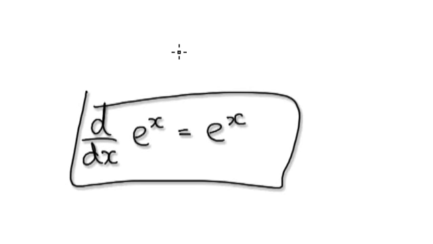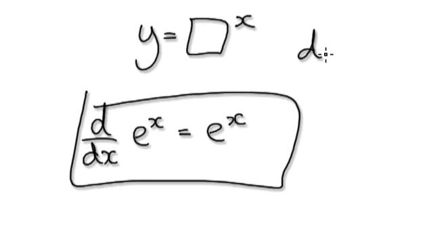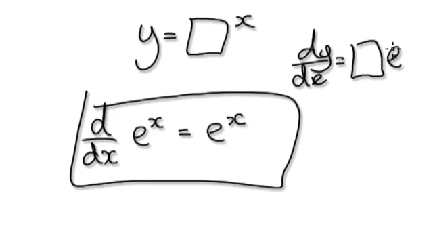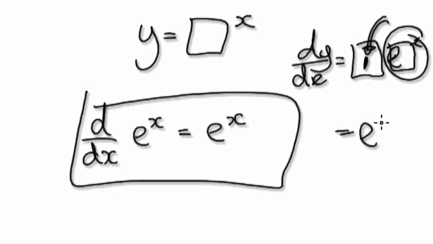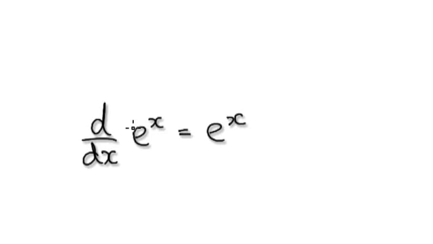So you're really searching for a base where when you differentiate it, it will give you some constant times the base to the power of x, and then you want to select a base where this block here equals 1, and when this block here equals 1, then it would just be itself, e to the power of x. So even though you don't know what the precise number is, there exists a base where when you differentiate this, it will give you e to the power of x. I will elaborate more on it in the next video.